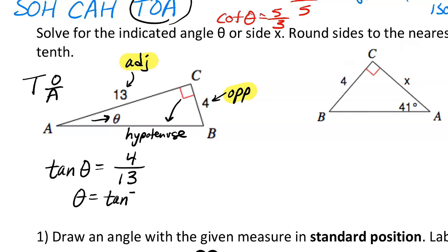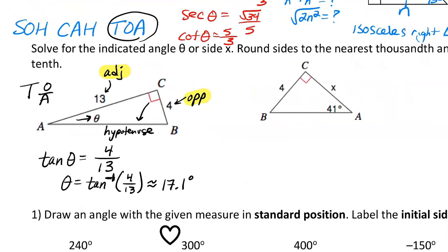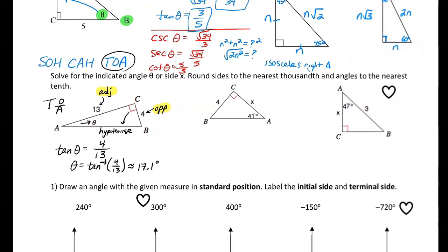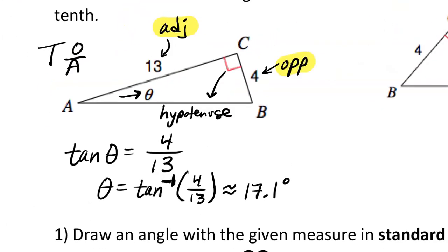So a tangent with a little -1, that's what the button looks like on your calculator. A little -1 right there. So if we did that, we would do second tangent on my calculator, 4 over 13. So it looks like our angle is 17.1 degrees. It says round angles to the nearest tenth, and that is the nearest tenth for that angle.